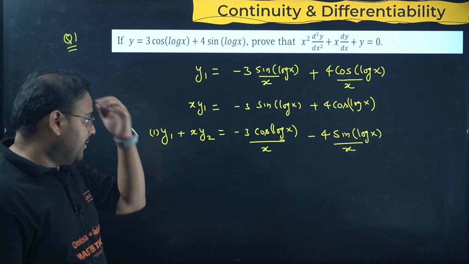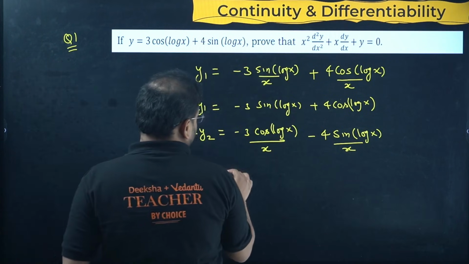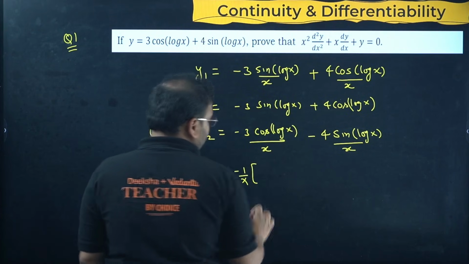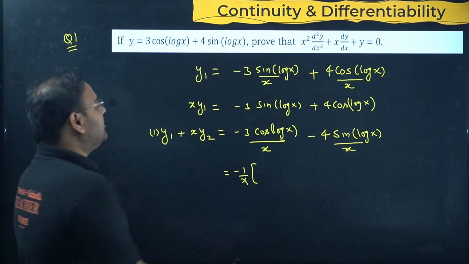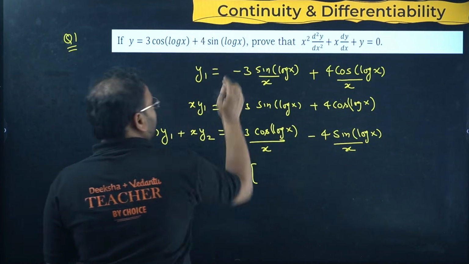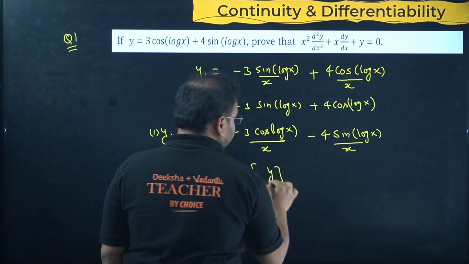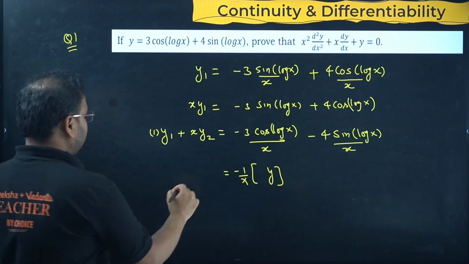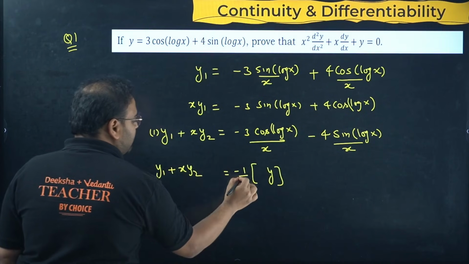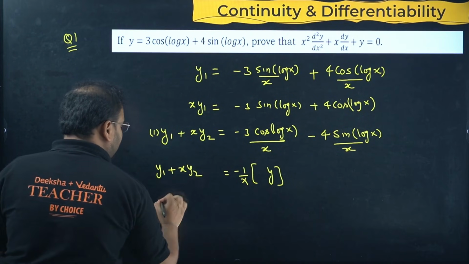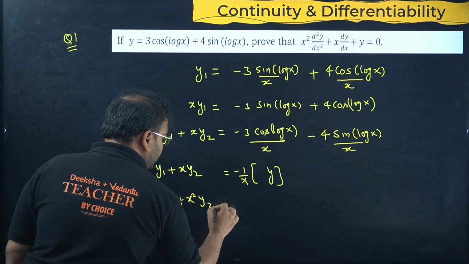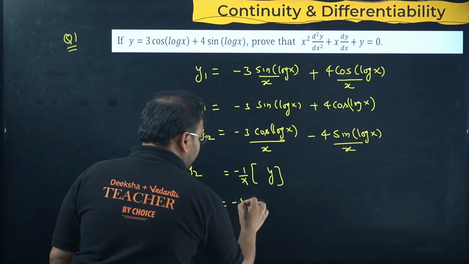Now take x common with the minus sign and move to this side. I can take minus 1 by x common, check carefully. This becomes 3 cos log x and 4 sine log x, which is basically the function y itself. Now cross multiply. This is y1 plus xy2. If you multiply x on this side, you end up with xy1 plus x square y2 equals minus y.